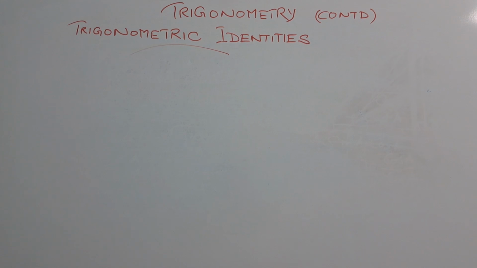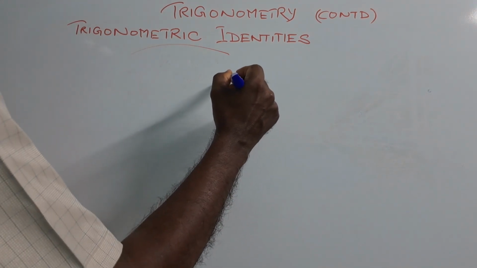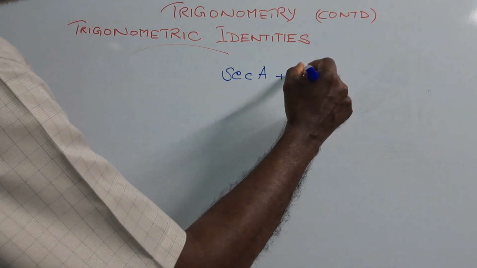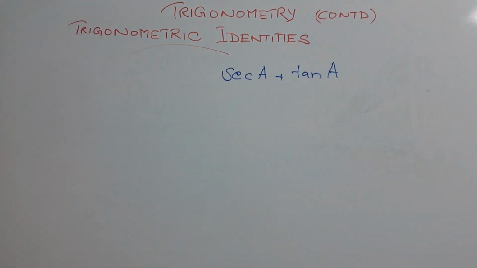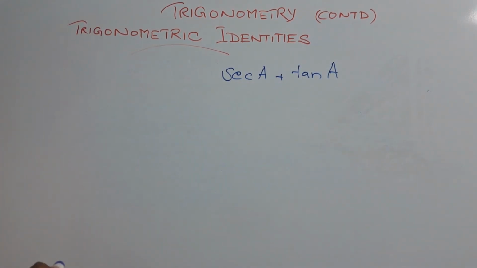Now let's see some of the ways in which you need to deal with the identities. See, there is an expression like this: sec A plus tan A. In certain cases, you need to change this expression as a fraction.